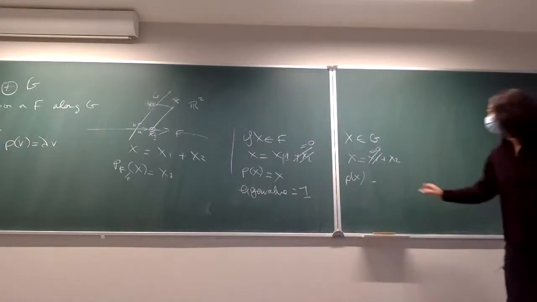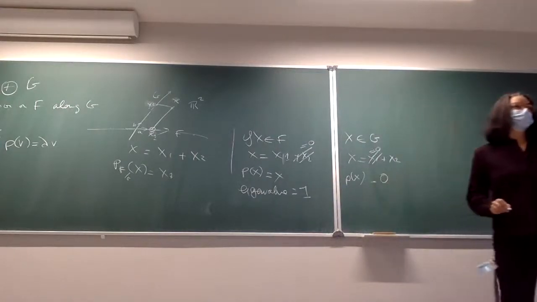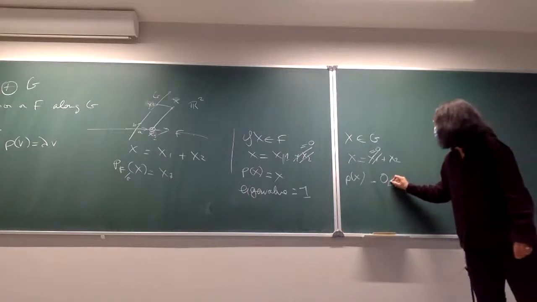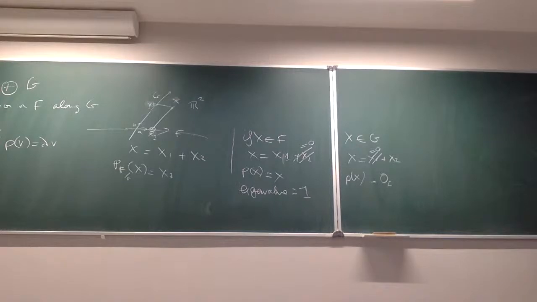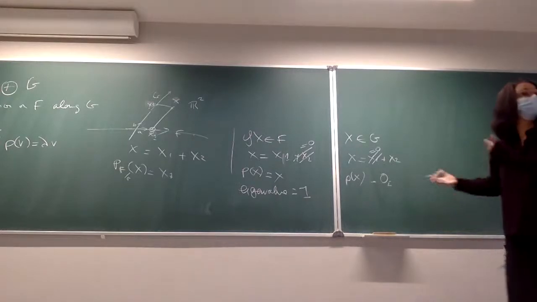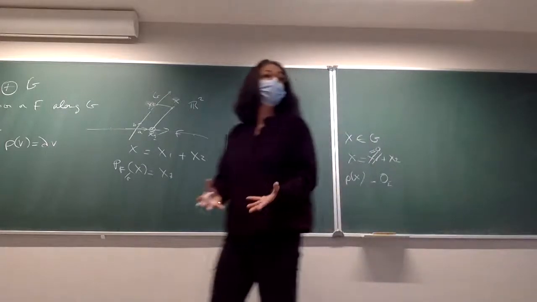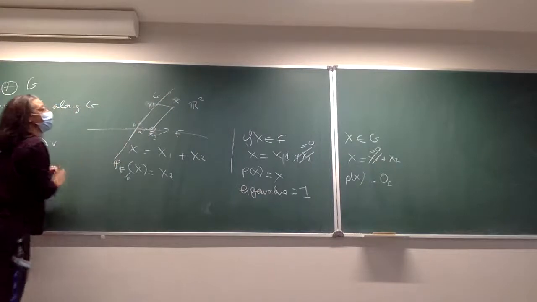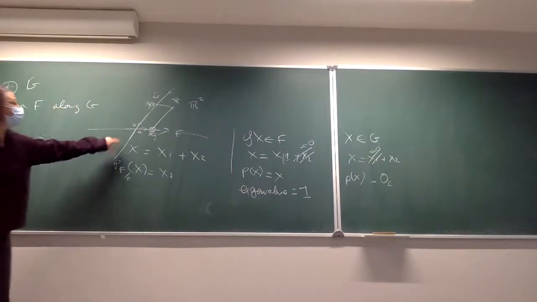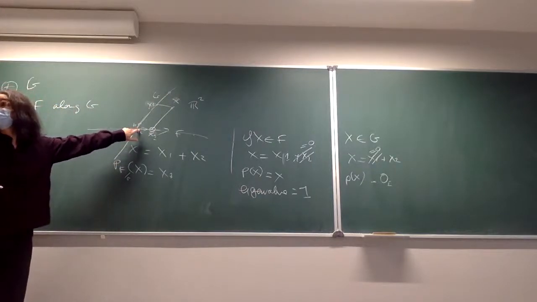So it's the 0 element. Its x1 part is 0, so its projection on F is just 0. Anything that belongs to this direction is going to be projected to this single point. That's what we're doing.